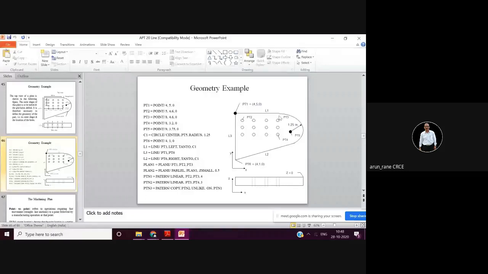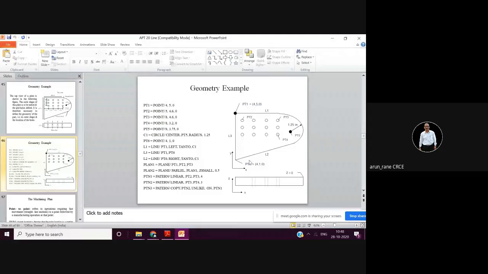But in that case you need to calculate this point. Now C1 is a circle having center at point 5 and radius 1.25. Then you have point 6, that is a point having coordinates 4, 1, 0.